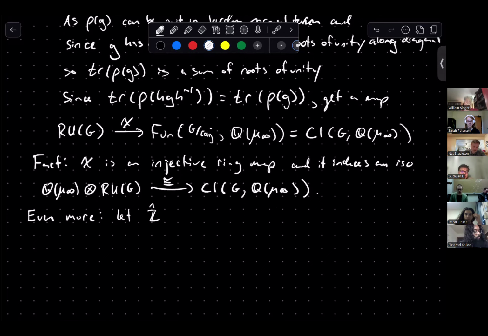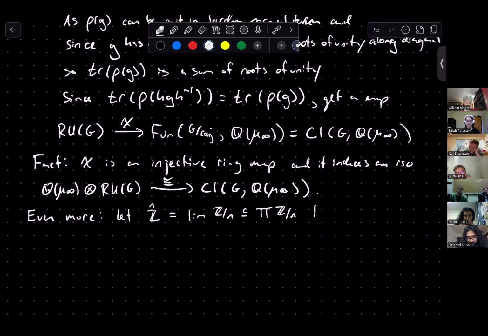Z hat be the profinite integers. So this is the inverse limit along the divisibility diagram of Z mod n. So this is a topological subring of the product of Z mod n's with the product topology. That's a way to think about inverse limits.